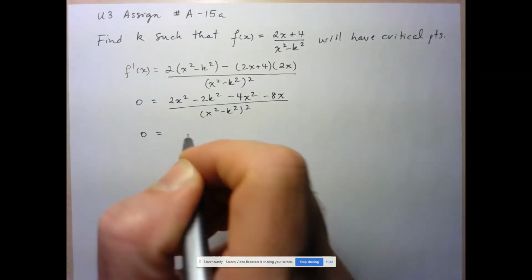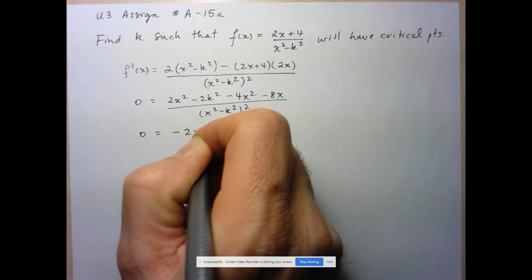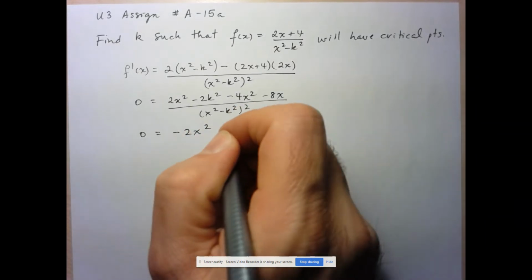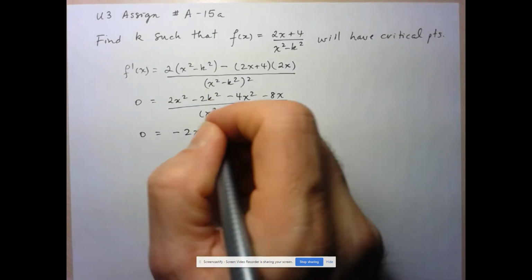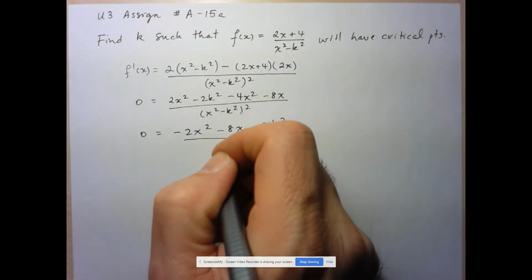Let's keep going. We get 2x squared minus 4x squared, so negative 2x squared, and then minus 8x, and then minus 2k squared.